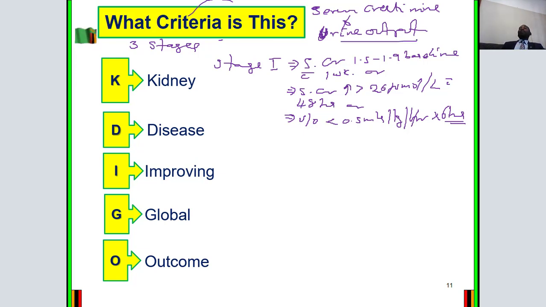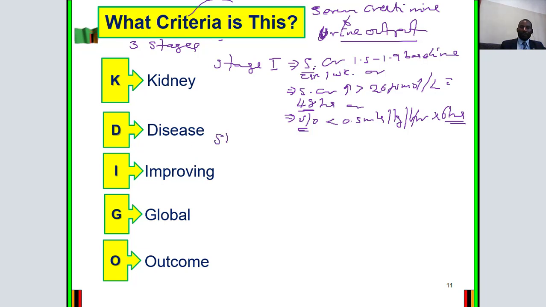So if serum creatinine increases 1.5 to 1.9 times from the baseline within 1 week, then that is stage 1. Or serum creatinine increases more than 26 micromole per liter within 48 hours. Or the urine output is less than 0.5 mL per kg per hour for 6 hours. That simply means that is stage 1.